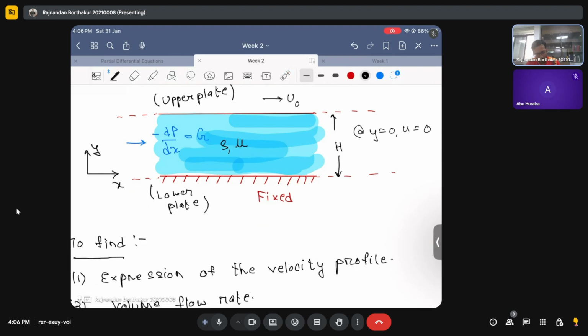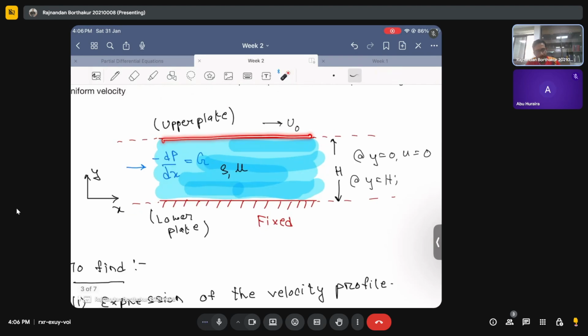And at y equal to capital H, I know that the top plate is actuated in the right direction by a magnitude u naught. Again due to the no slip condition, since the plate is moving at u naught, the next layer of fluid which is attached to the plate should also move with u naught.